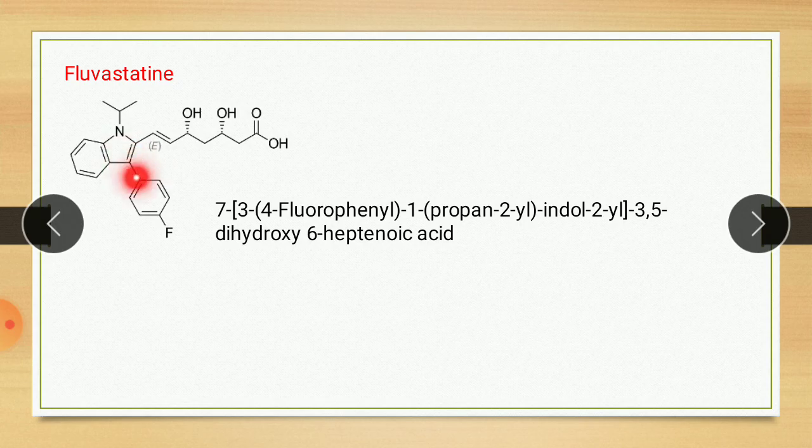On the 3 position this ring is attached, that is 4-fluorophenyl, then 1-propane, so propan-2-yl, where 2-yl means this 2 attachment point on the indole ring. Again on indole there is a 2 position attachment, 2-yl, 3,5-dihydroxy, so it is 3,5-dihydroxy-6-heptenoic acid. On position 6 a double bond is there, therefore 6-heptenoic acid.